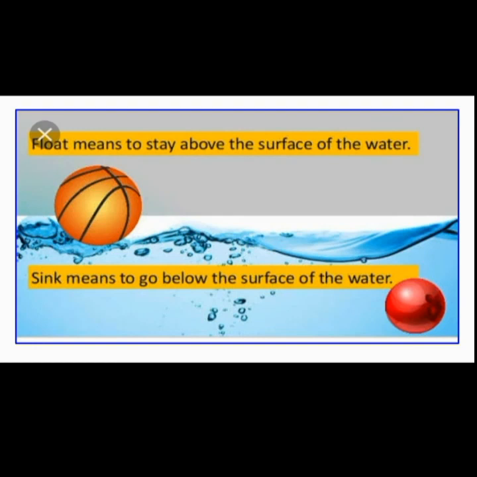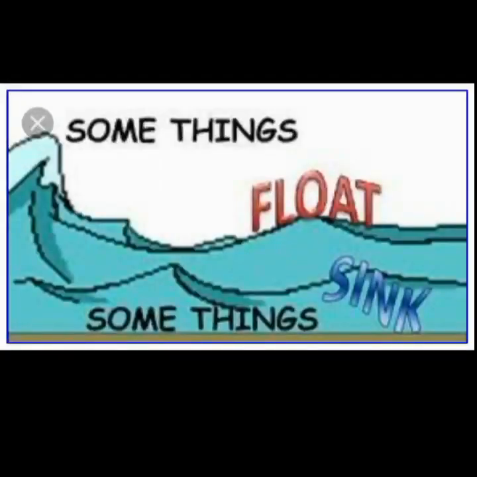Some things are seen below the surface like ball, stone, etc. All those things go down the water, isn't it? So these things are sinking in water. Okay, I think you got it. Now it's clear that some things float and some things sink in water.